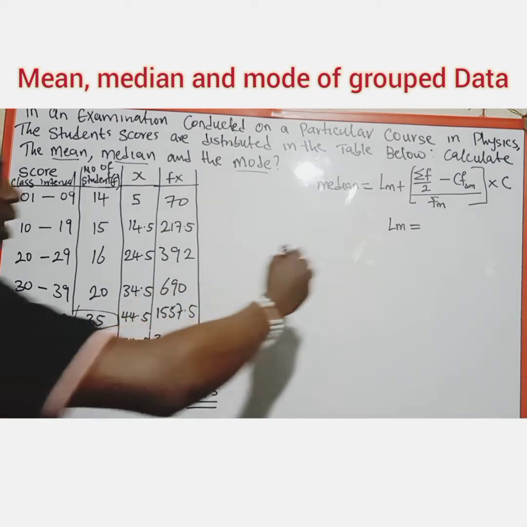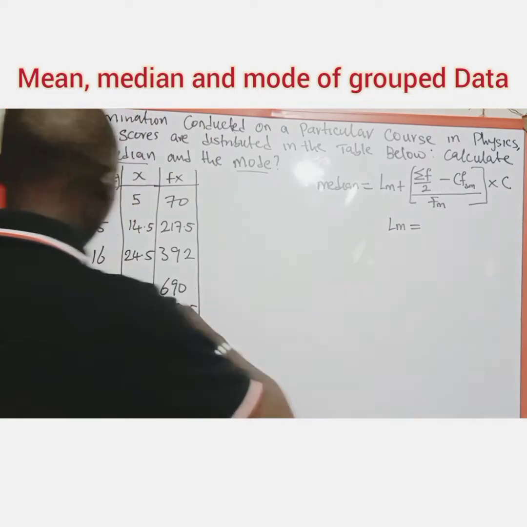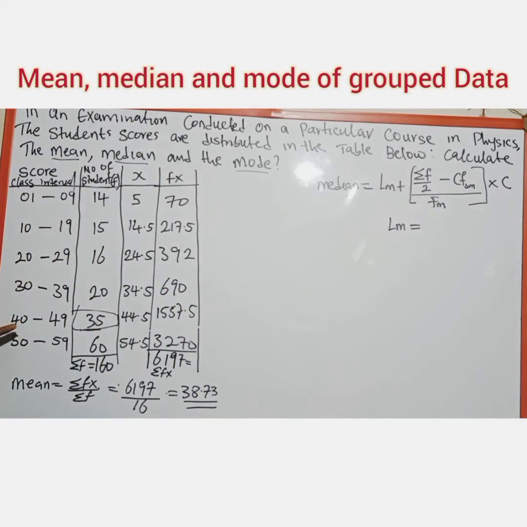So to get the limit of our median, you go back to the table. This is the lower class limit and this is the upper class limit. To get the limit of our median, we take the lower class boundary of the median and add it to the upper class boundary before the median.